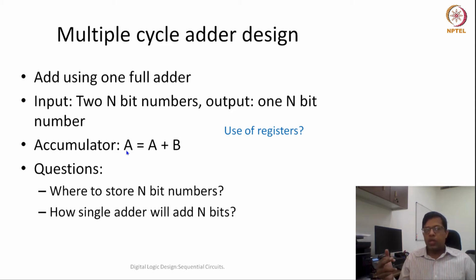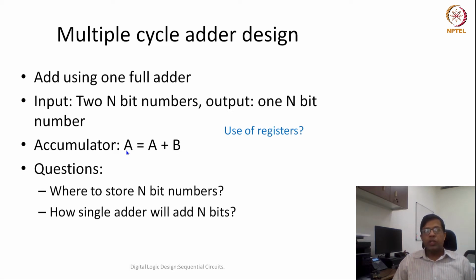Each input of the full adder would be multiplexed, and they have to be done sequentially, because addition of the second bit depends on addition of the first bit, and addition of the first bit depends on addition of the zeroth bit, because there is a carry chain going on. Because of that dependency, you cannot do these in any order. It would be in a certain order: first bit 0, then bit 1, then bit 2, up to the n minus 1th bit. All of these bits have to be supplied to our single bit adder.